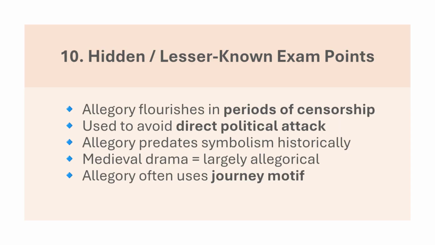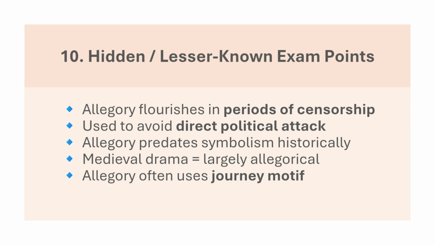This slide highlights some important hidden facts about allegory that are very useful for exams. First, allegory often flourishes during periods of censorship. When writers are not allowed to speak openly, they use allegory to hide criticism inside stories. Second, allegory helps writers avoid direct political attack. They can safely convey dangerous ideas by saying it is only a story.